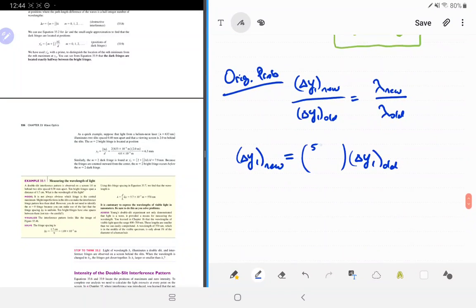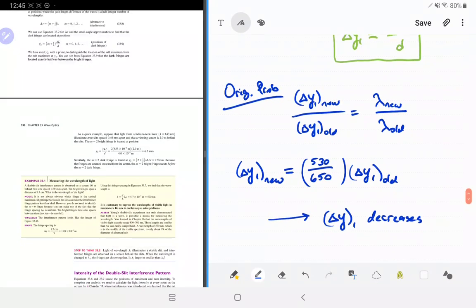So we have 530 nanometers, and we have 650 nanometers. And I don't even have to write the nanometers because those units are immediately going to cancel each other out. So it looks like delta y will decrease, and we know exactly by what factor it'll decrease. So delta y decreases. In other words, those bright spots are getting closer together.